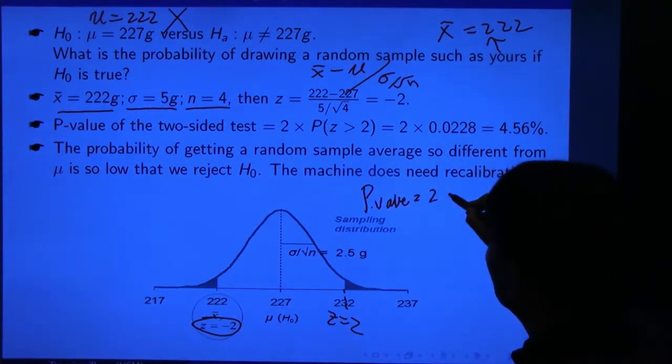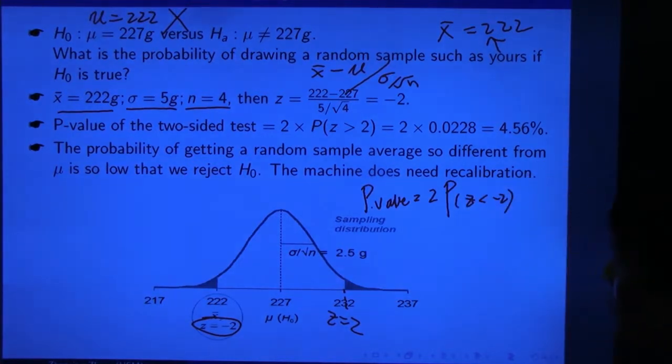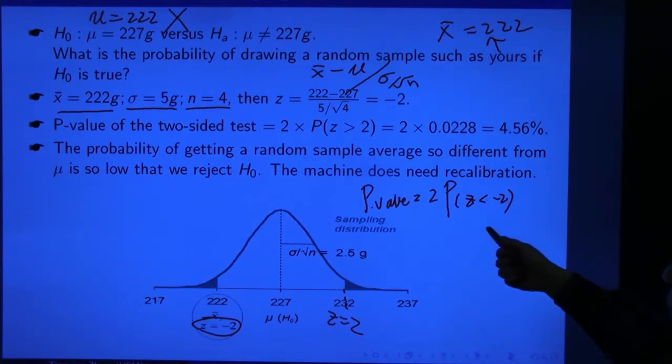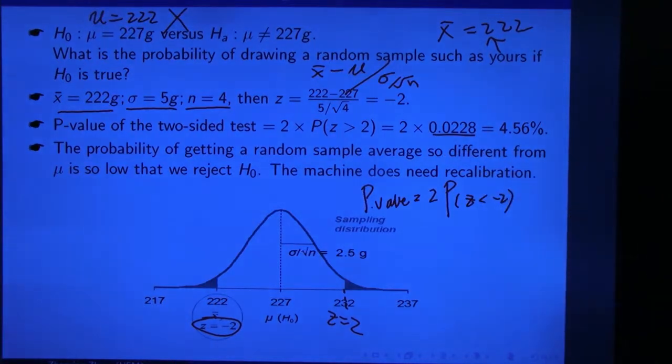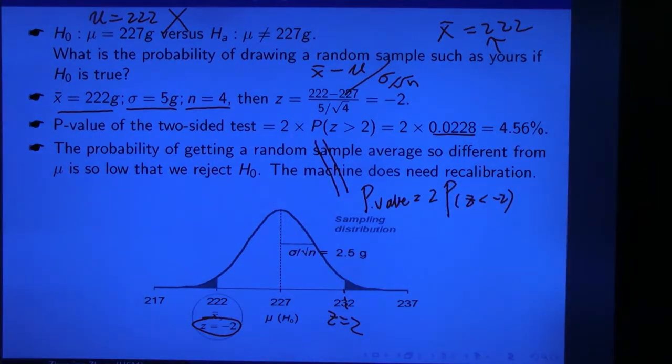The p-value equals 2 times the probability of z less than -2. This is better. So if you look up table A for -2, you directly get this result, which equals 2.28%. Then you times 2, that equals 4.56%. But this one here is equal to this, the same thing.